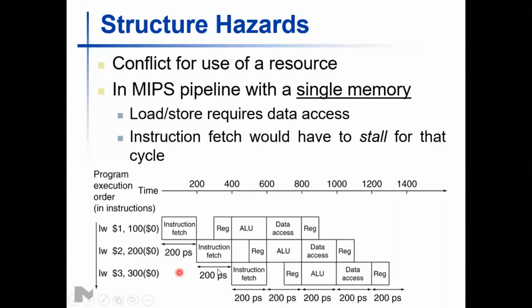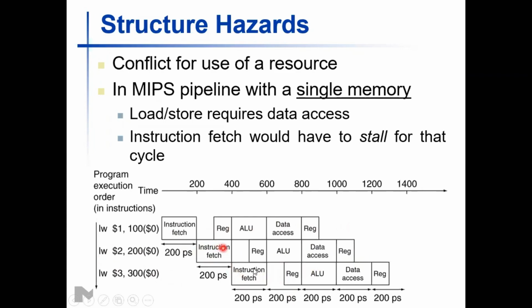Just have a look at the same diagram that we had a look at earlier, with a program consisting of only load instructions. Every clock cycle we fetch a load instruction and do the subsequent execution of it.